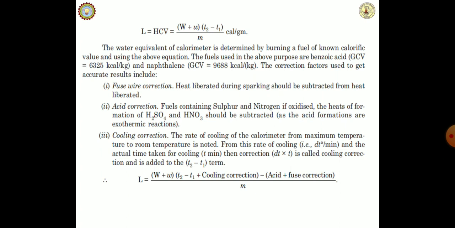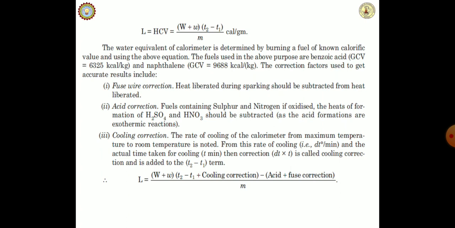The water equivalent of the calorimeter is determined by burning a fuel of known calorific value and using the above equation. The fuels used for this purpose are benzoic acid, whose gross calorific value is 6325 calories per gram, and naphthalene.